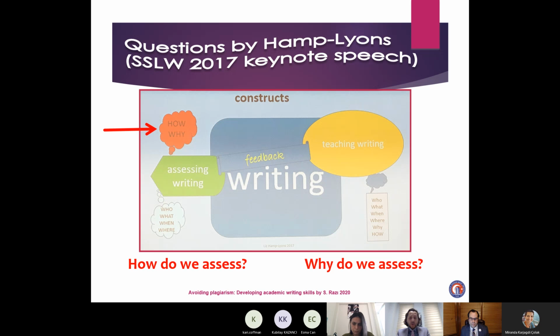For example, when it is related to teaching writing, we should have several questions related to who is teaching, what is being taught, when, where, why, and how. And when it comes to assessing writing, what, when, where, in addition to how and why, will become an important component. And feedback will act like a bridge between teaching writing and assessing writing. This will be a very important consideration to my understanding.